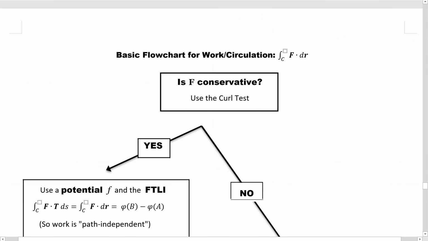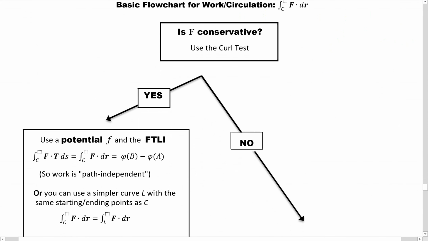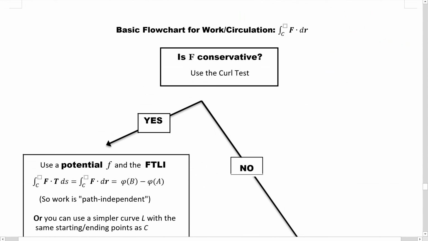Okay. So here I also want to summarize this with you. Here we have a basic flow chart for work or circulation, the line integral. First question: is the vector field conservative? Use the curl test.